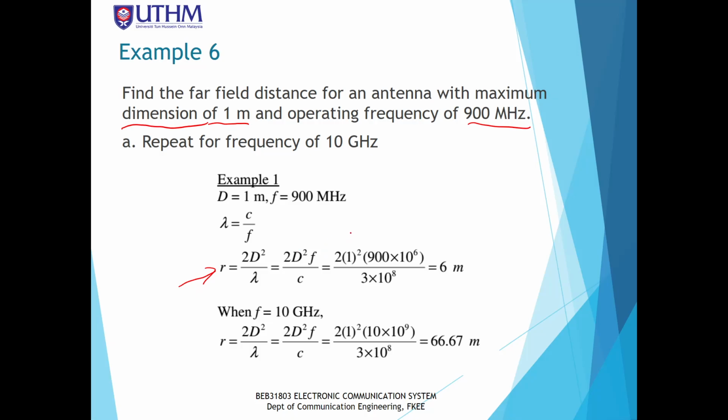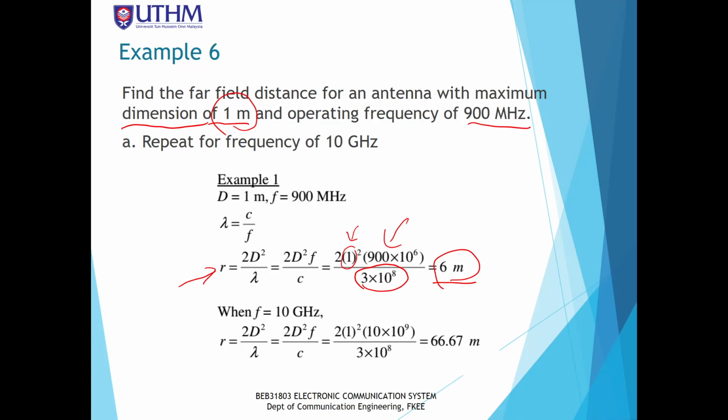So you put inside the parameters, 1 meter for the diameter, given the dimension over here, multiplied with the frequency, this is F, 900 megahertz, divide with the speed of light. So we're going to get 6 meter. So more than 6 meter, that means it is the far field region.